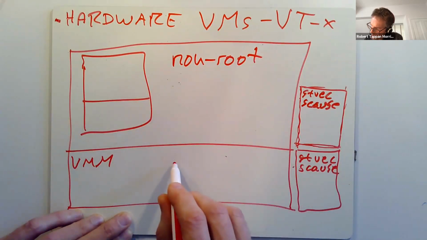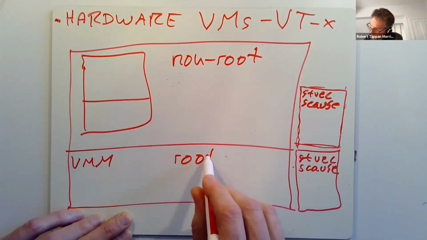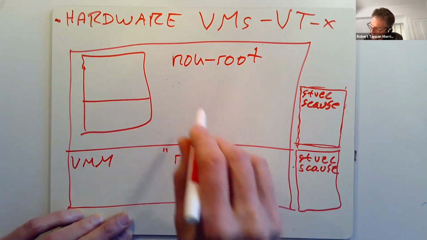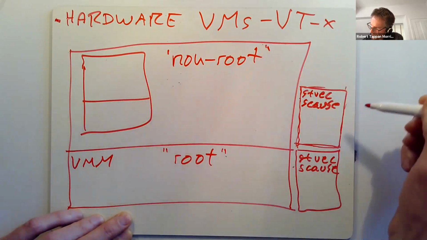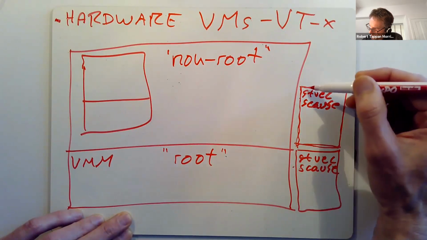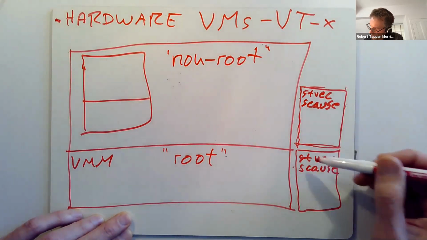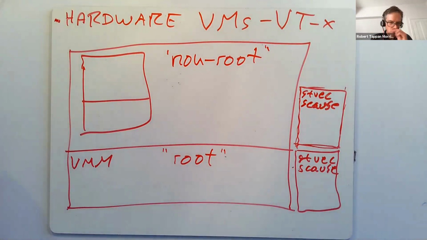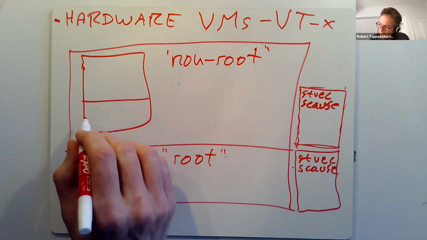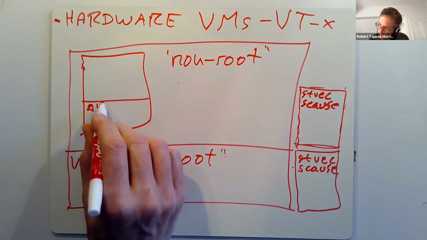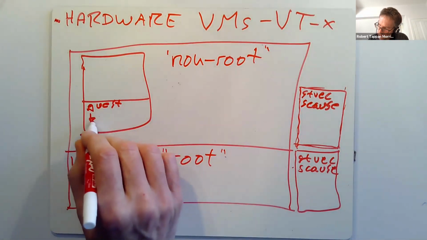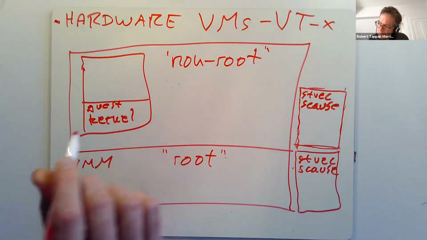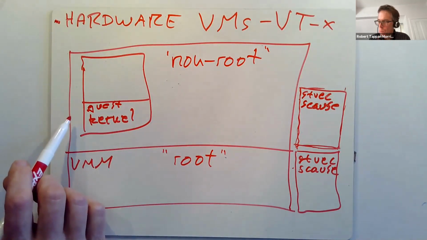And the name for host mode, where we're using the real registers, is root. And so there's a set of non-root or virtual registers for the virtual machine to use, and there's a set of registers that are used when we're in root mode. So now when we're running in the guest kernel, it can execute any privileged instruction without trapping.